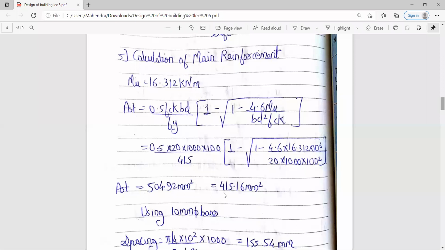So for that main reinforcement will be 415.16 mm square. So using 10 mm bars, you need to calculate the spacing.